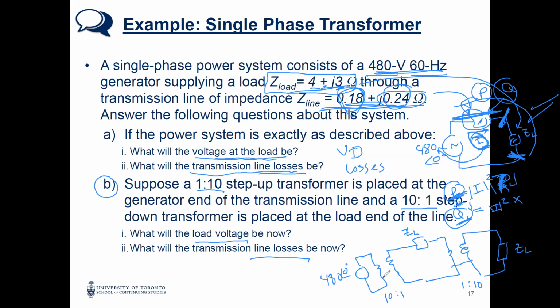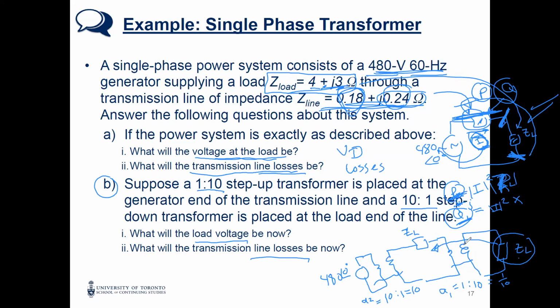First, we have two transformers. I'm going to move this impedance to the other side here and multiply by the a squared. We can call this a1, for example, and this one is a2. a1 is 1 over 10. This one is 10, only 10. a2 is 10.